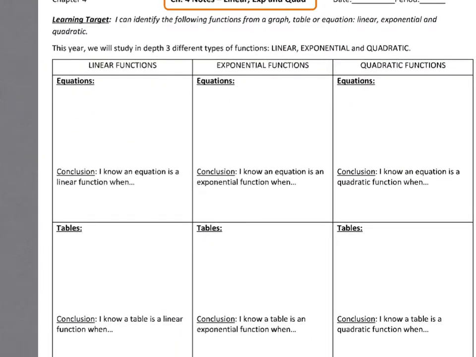Example of an equation: y equals 3x plus 2. It can be slope-intercept form. You could do standard form. You could do point-slope form.